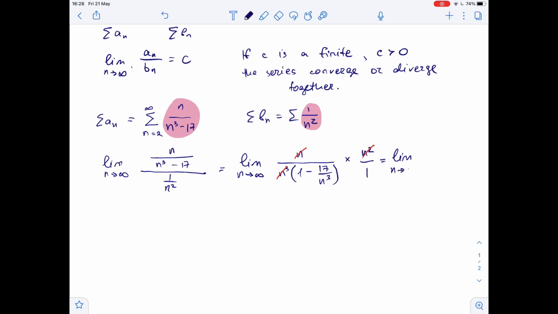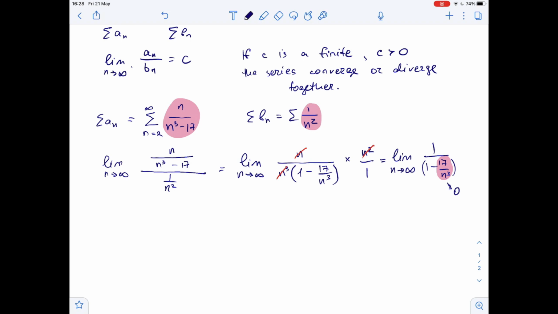So we will get the limit where n approaches infinity of 1 over 1 minus 17 over n cubed. And we see that because n approaches infinity, 17 over n cubed will approach 0.